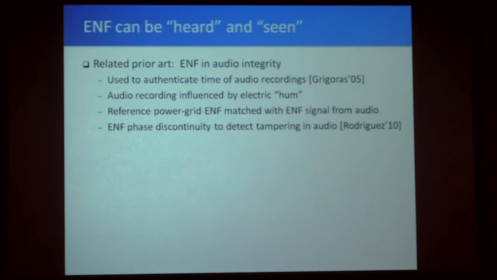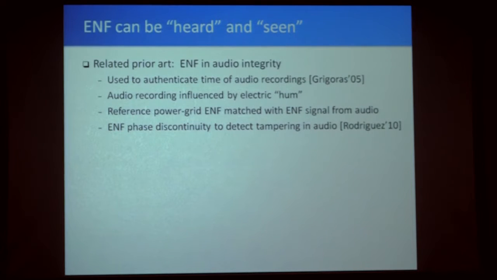This was actually one of the works that got me interested in this topic. The pioneering work was done by a forensic scientist in Romania, Catalin Grigoras, in the middle of the 2000s, who was given recordings from the court to verify whether the time was indeed true.